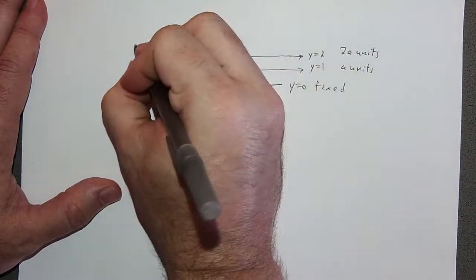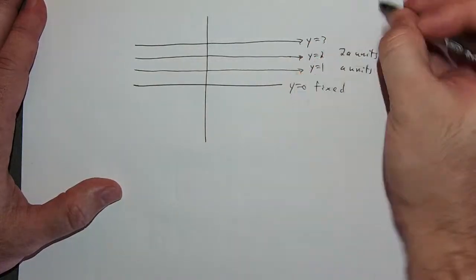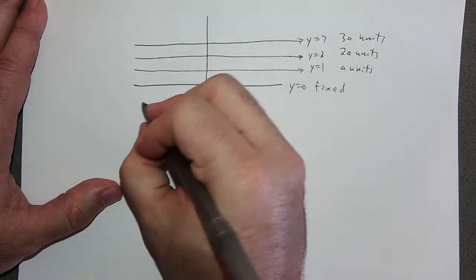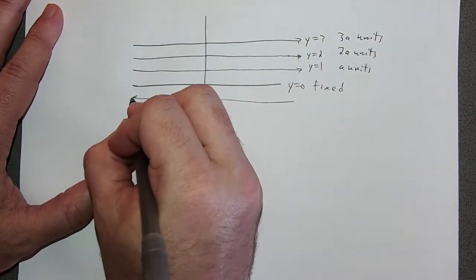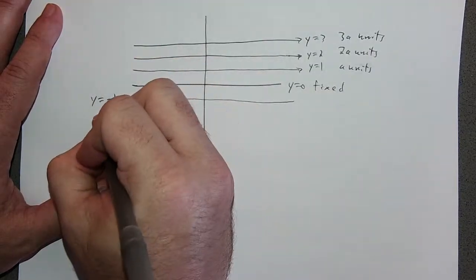Y equals 3 is moved to the right 3a units, and so on. Y equals minus 1 is moved to the left a units.